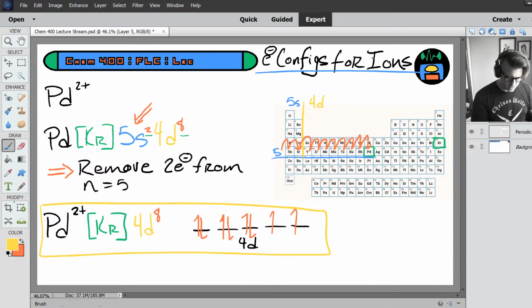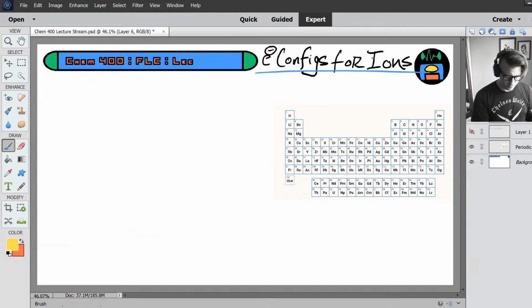Alright, let's do another example. Let's do the electron configuration and orbital diagram for thorium 3+. Alright, thorium with a positive 3 charge. So we've got to first locate thorium.